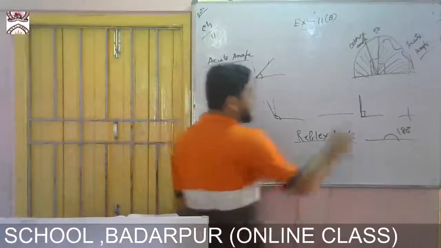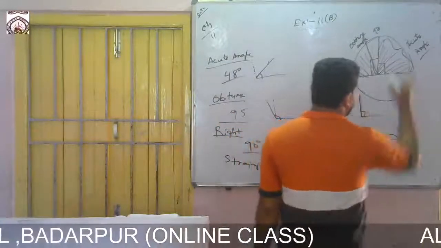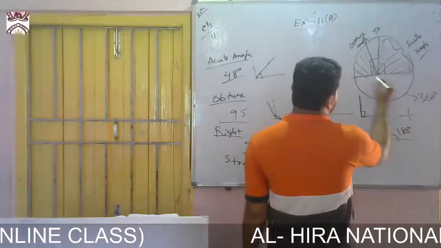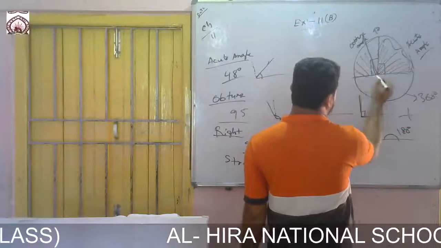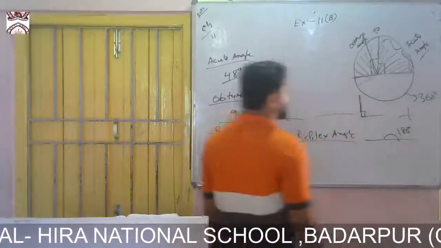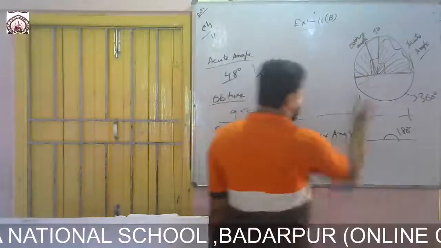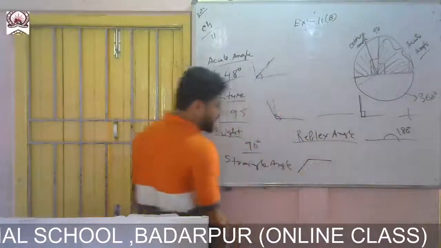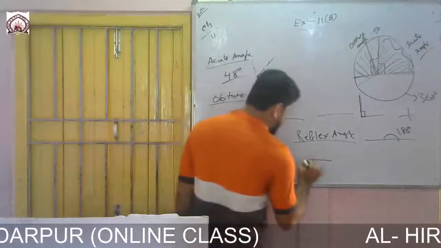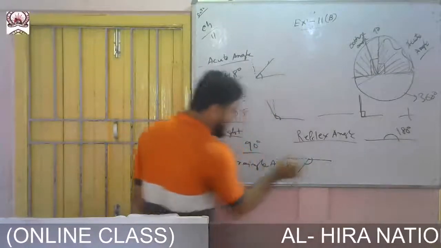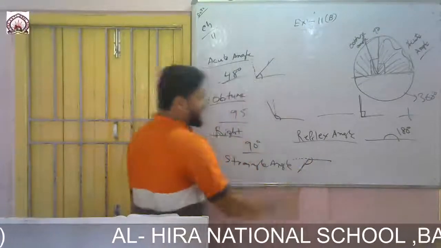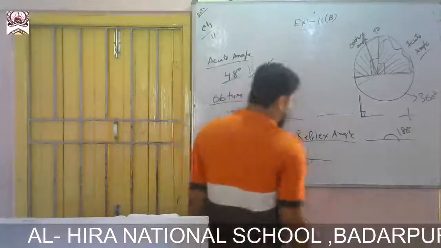If I complete this circle, then this will be 360 degree. If any angle crosses this 180 degree, for example if I take this one like this, it crosses 180 degree but it does not cross 360 degree, so it will be a reflex angle.